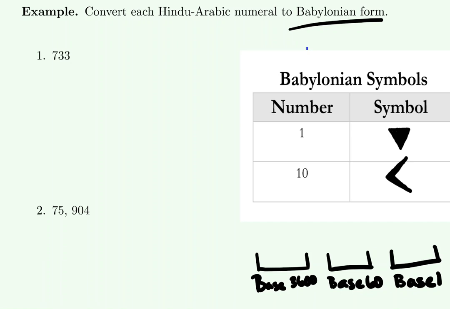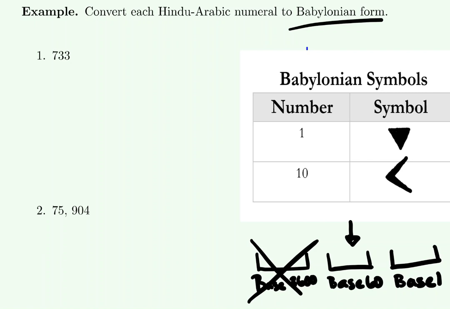And then the way you would know what is the highest base is you would ask yourself which of these, 1, 60, 3,600, while there are other bases, we're not going to deal with anything higher than this, can be divided into the number that we're looking at. So definitely 733 can be divided by 1, 733 could be divided by 60, but 733 could not be divided by 3,600 because that's too large, it surpasses it.